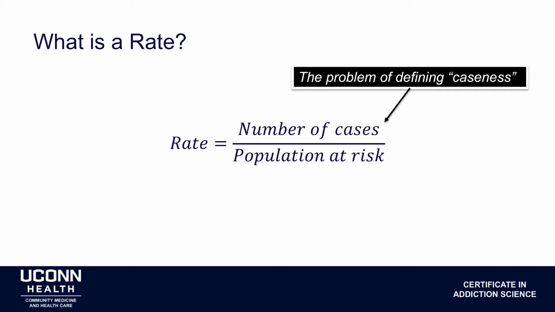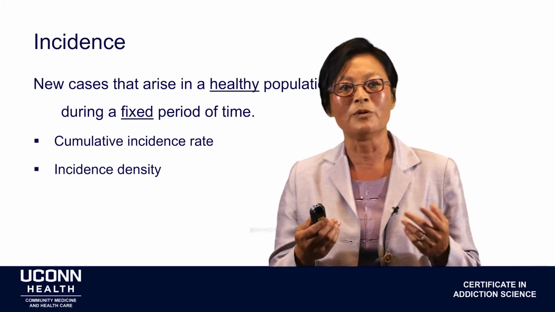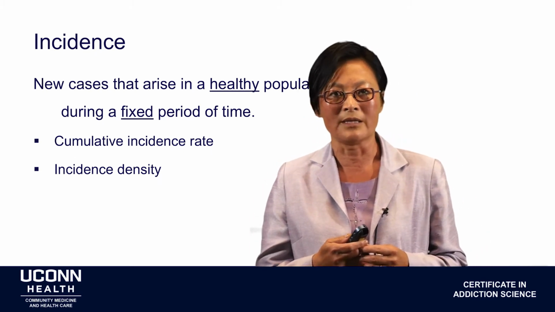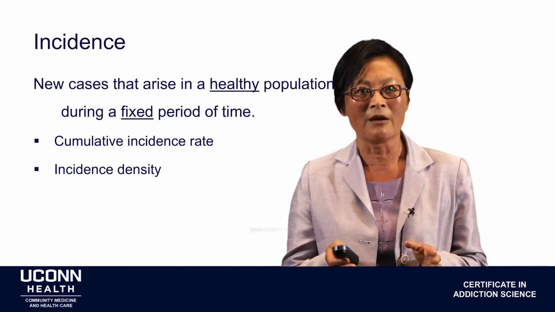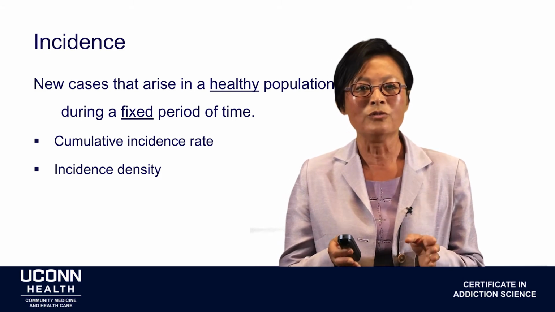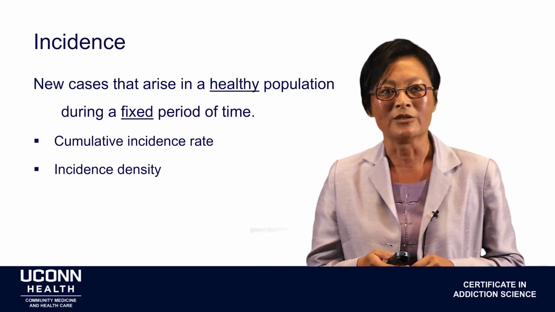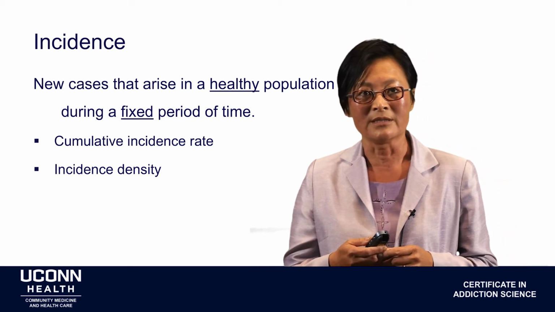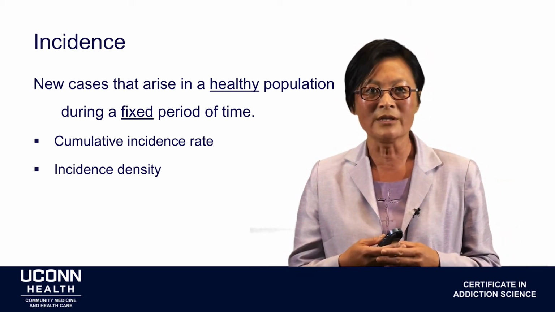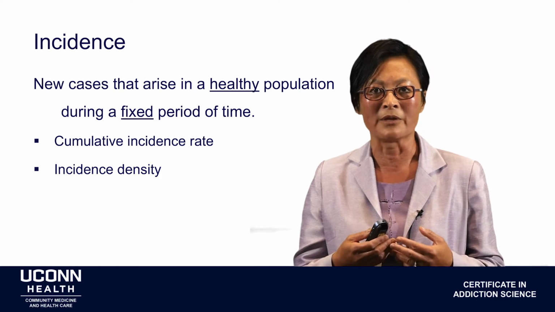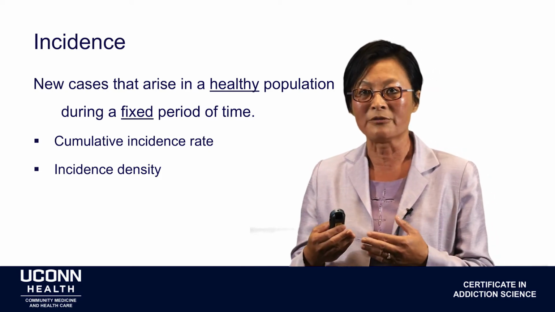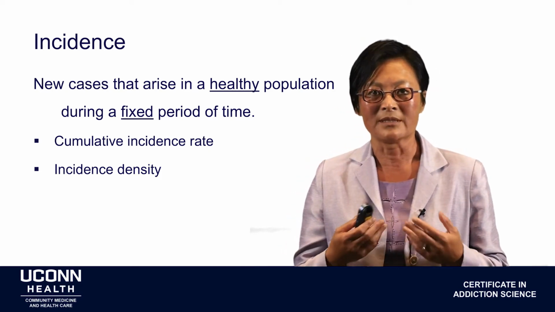There are multiple concepts about incidence. Here, I only cover two basic incidence concepts. Incidence is about new cases that arise from a healthy population during a fixed period of time. So what does this mean?